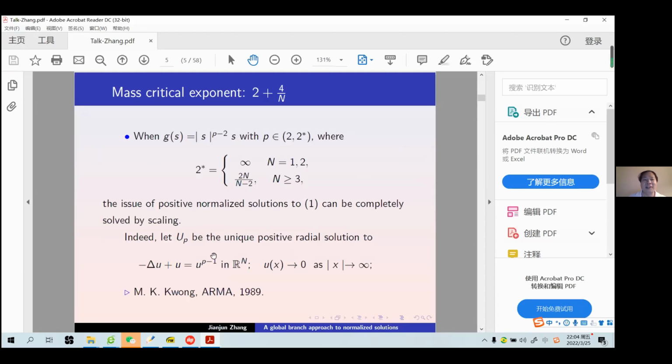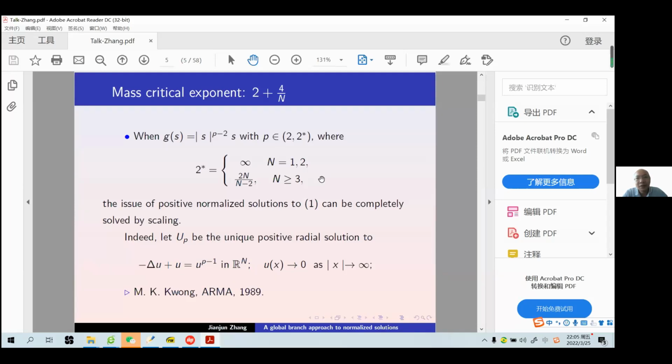So if P is bigger than 2 star, we do not know whether the positive solution of this problem is unique or non-degenerate. Yeah, because maybe the L2 norm of the u_p maybe is finite for P bigger than 2 star. It maybe needs one parameter.